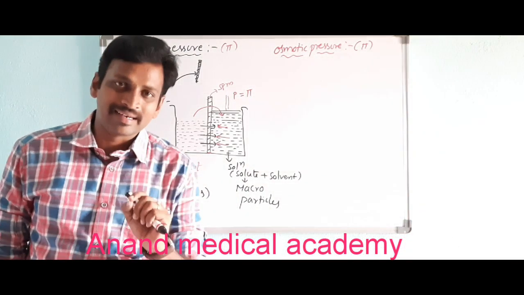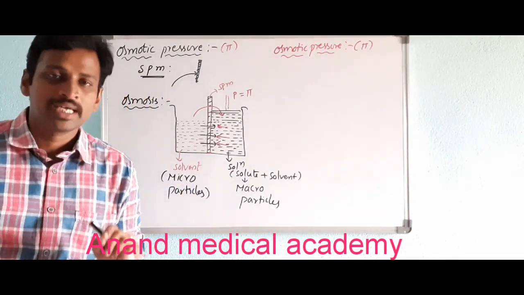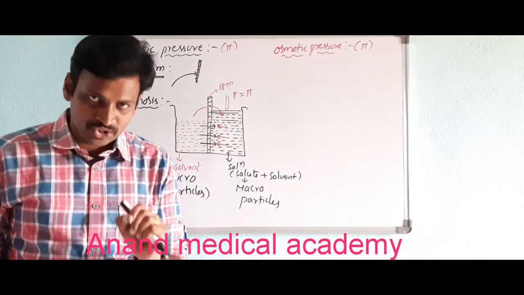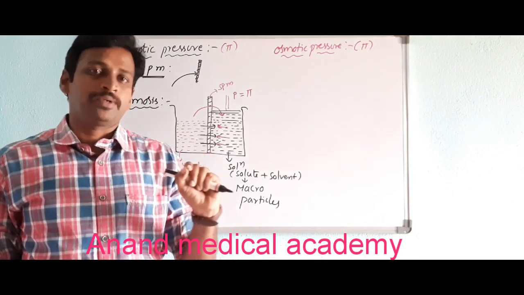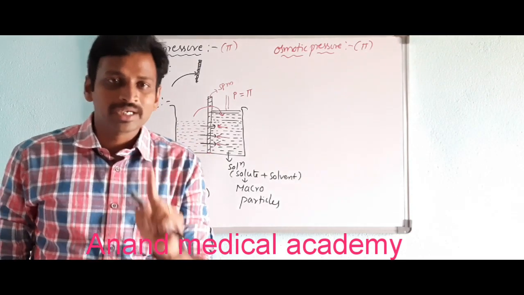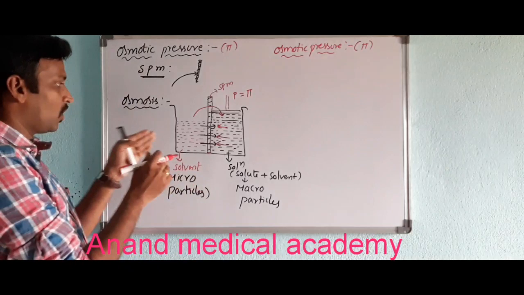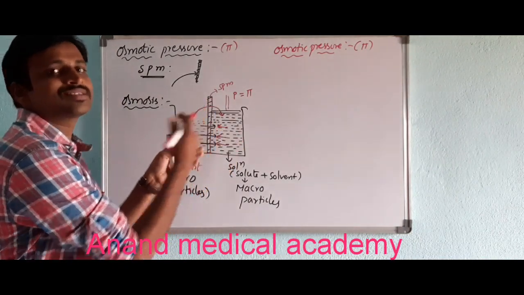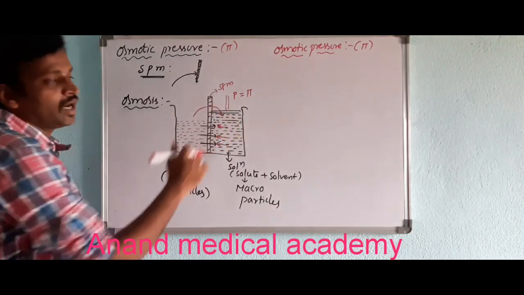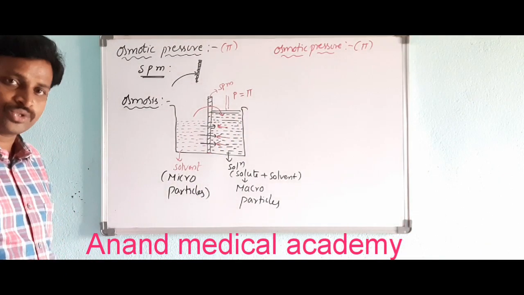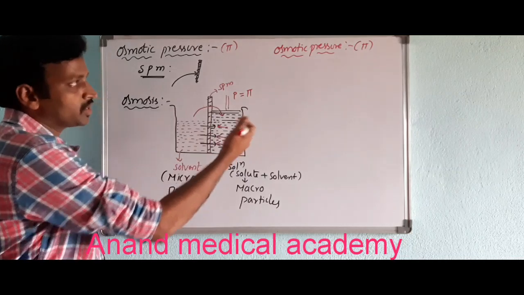Last and final, I repeat, osmotic pressure means the pressure at which the osmosis process will stop, or the pressure at which the solvent flow from low concentrated to high concentrated solution, or from solvent to solution, will stop.